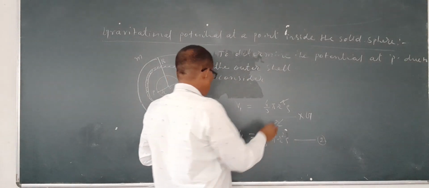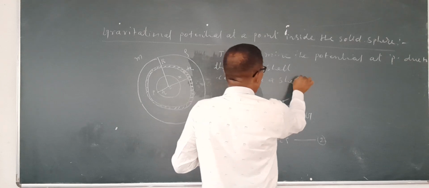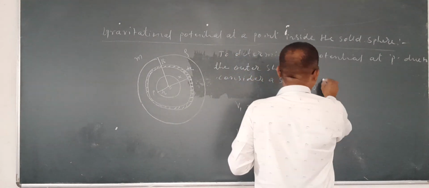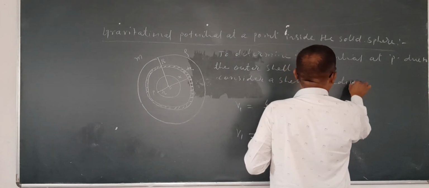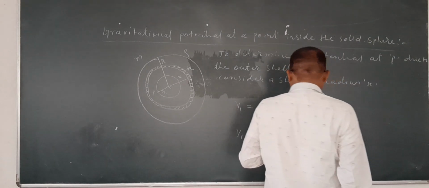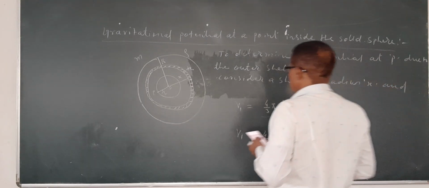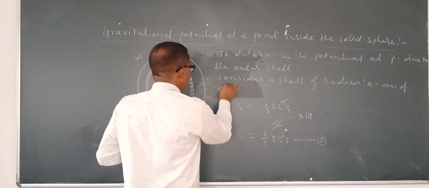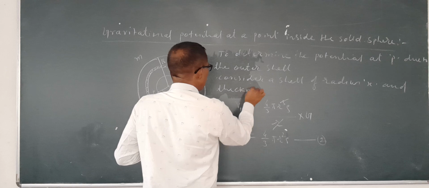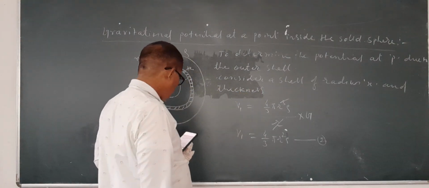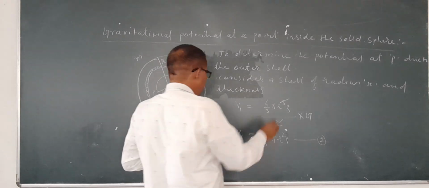Consider a shell of radius x and thickness dx.